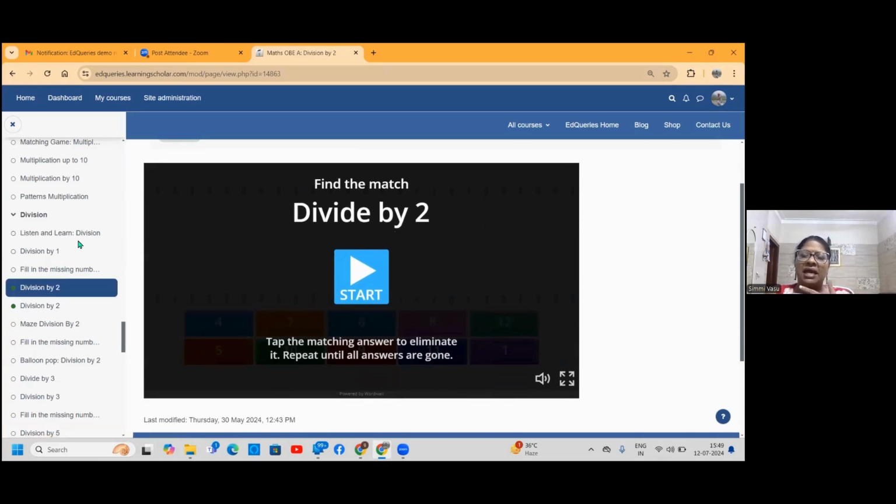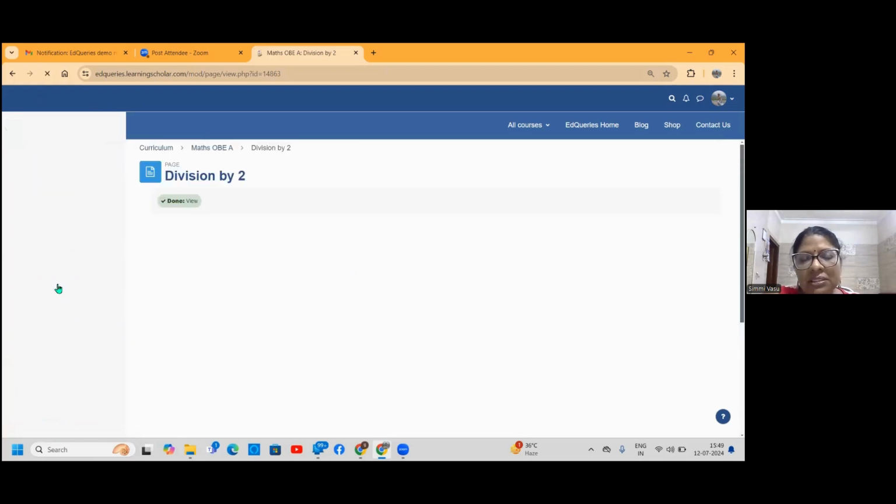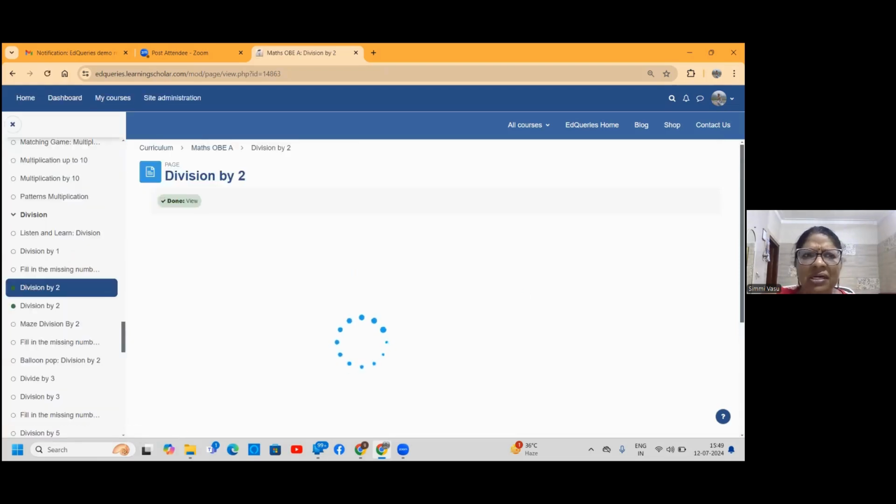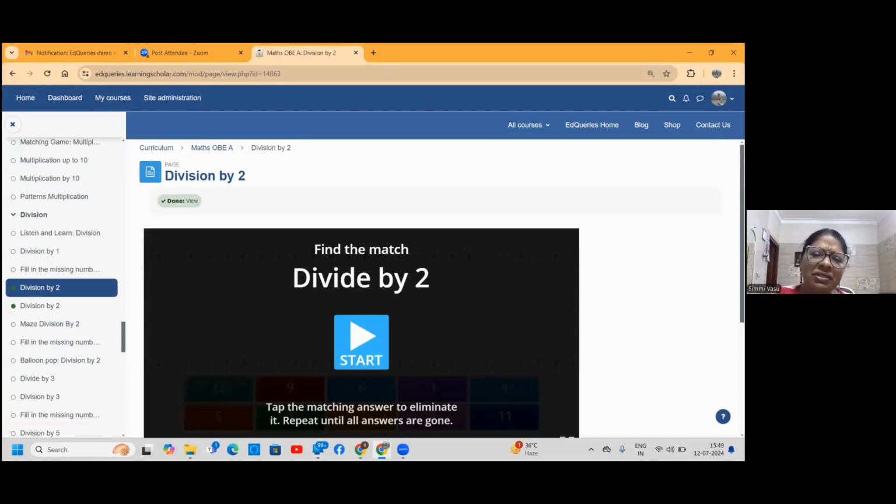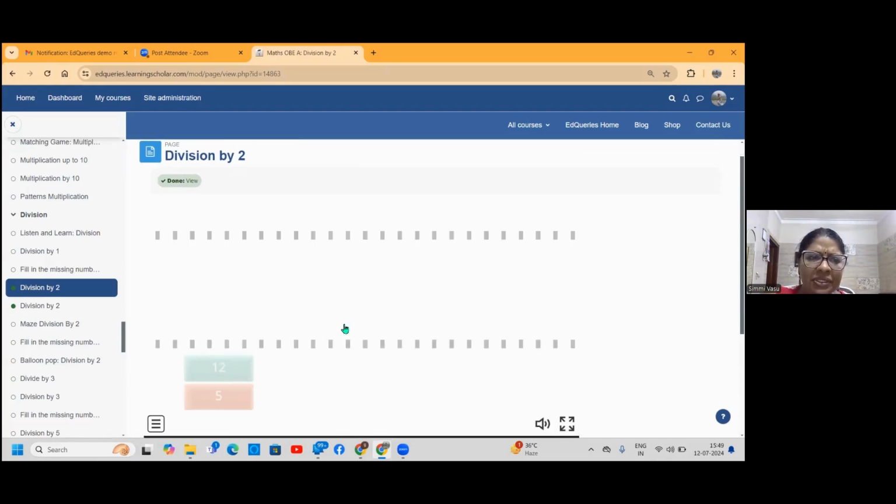Many of our games have a listen and learn in the beginning. Basically, that part introduces the child to the topic which he is going to do right now. Okay, so it's there in English, it's there in mathematics, it's there in many of our science subjects also. So it's always a good idea to make the child listen to that. And being animated and very interactive, children do like to listen to it.